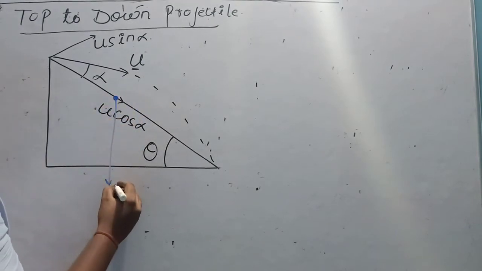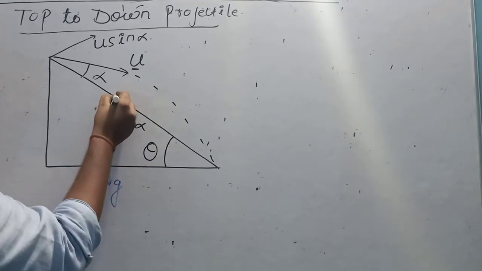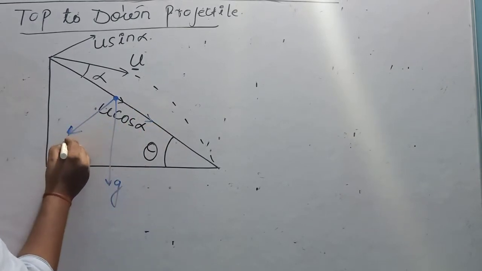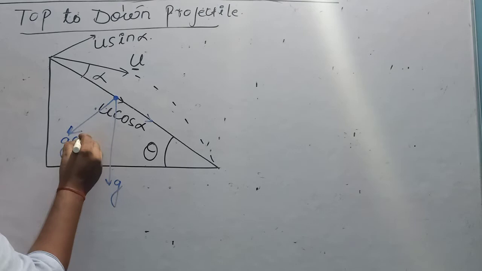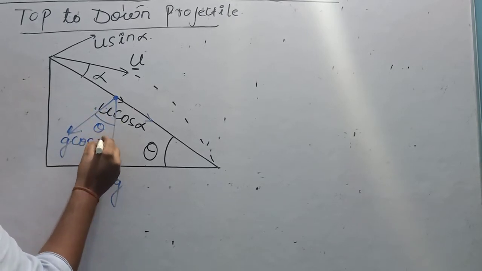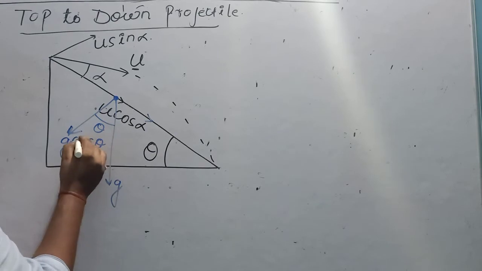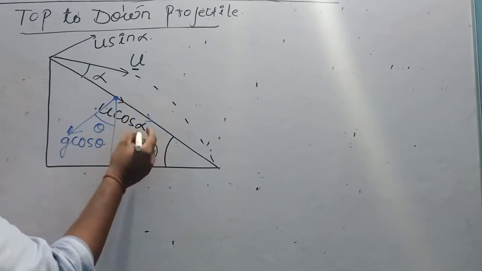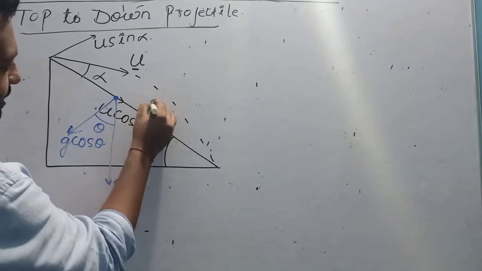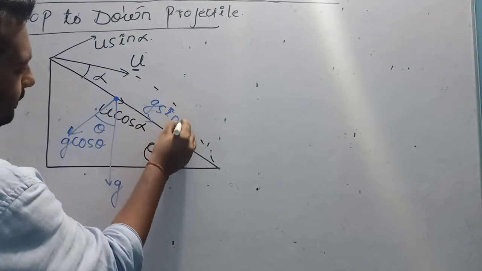Acceleration due to gravity is in downward direction, so its y component will be g cos theta and x component will be g sin theta.